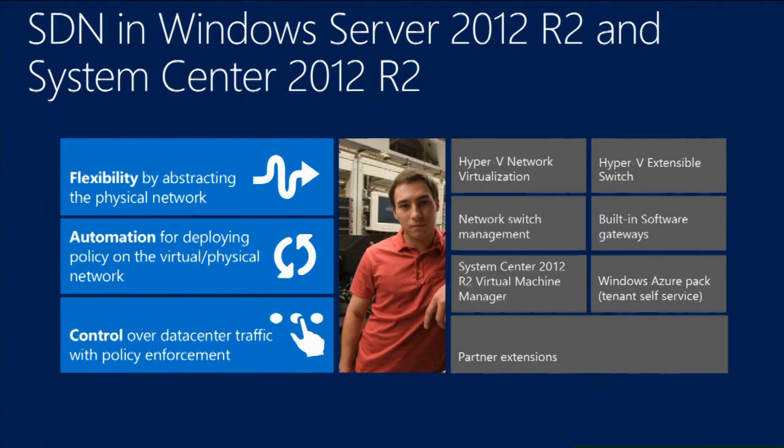It does it by effectively giving you the flexibility by abstracting the physical network away, layering a virtual network on top, having automation for deploying policies and a mechanism then to control, to enforce these policies on the virtual switches in the network. We have a variety of technologies that we talked about today: Hyper-V switch, Hyper-V network virtualization, the ability to control switches, multi-tenant gateways, and automation solutions, tenant self-service solutions with SCVMM and the Windows Azure Pack, and a rich ecosystem that's growing along with it.